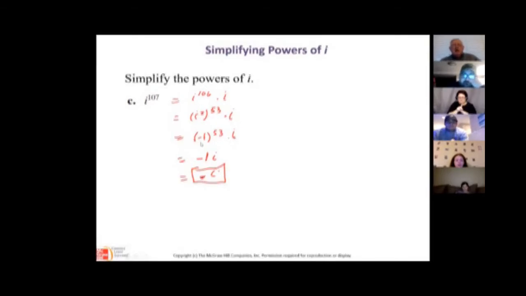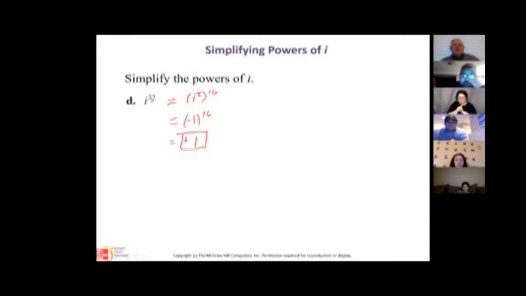We replace the i to the 2nd with -1. A -1 to an odd power gives you -1, and we bring down the i. So in this case, our answer is -1i, or just simply -i.